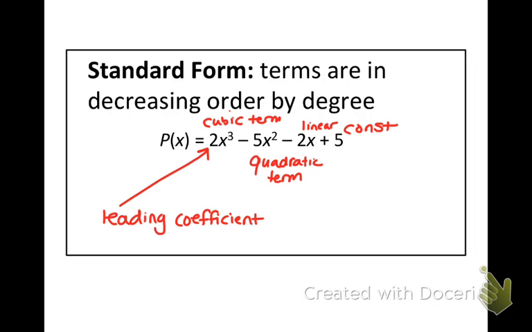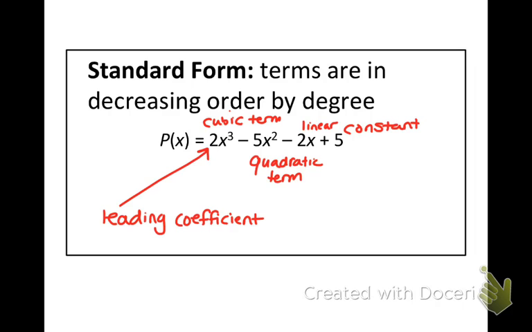We're going to call it constant. It's a constant term. The reason why we call it constant is no matter what value x is, will this 5 get affected? No, because 5 will always be 5. It stays constant. There's no x attached to it to make it change.